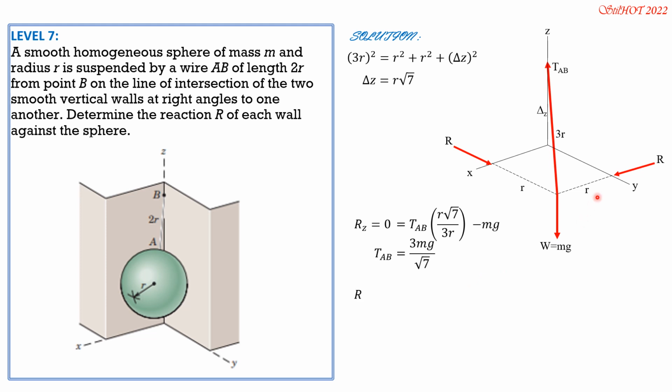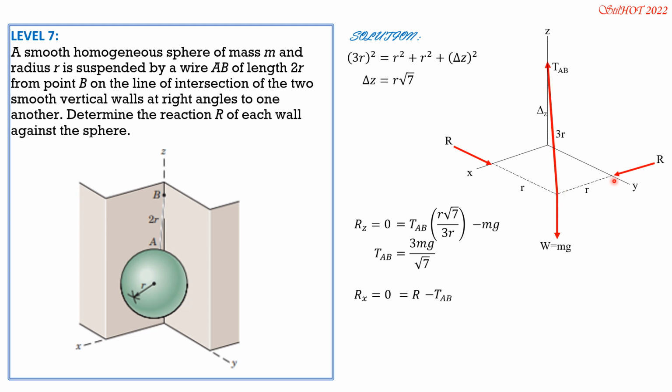Then sum of Fx equals 0, or you may use sum of Fy equals 0, but because the reactions are the same, R. So this is positive, equals R, then minus the X component of TAB, which is TAB times, it is negative because it is opposite to x-axis.